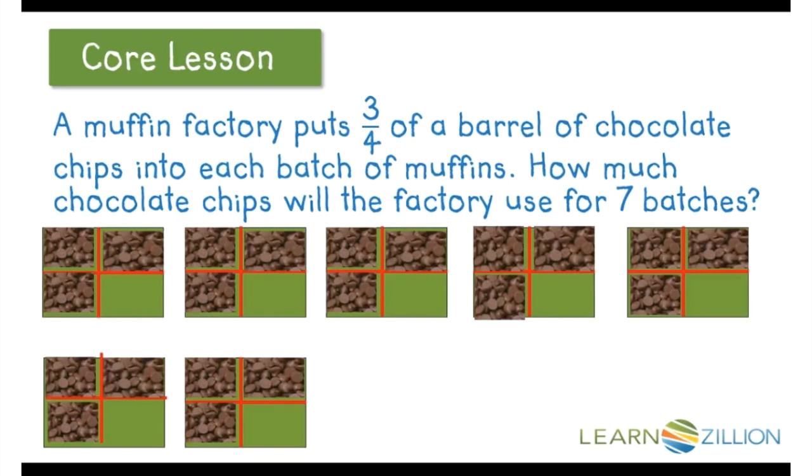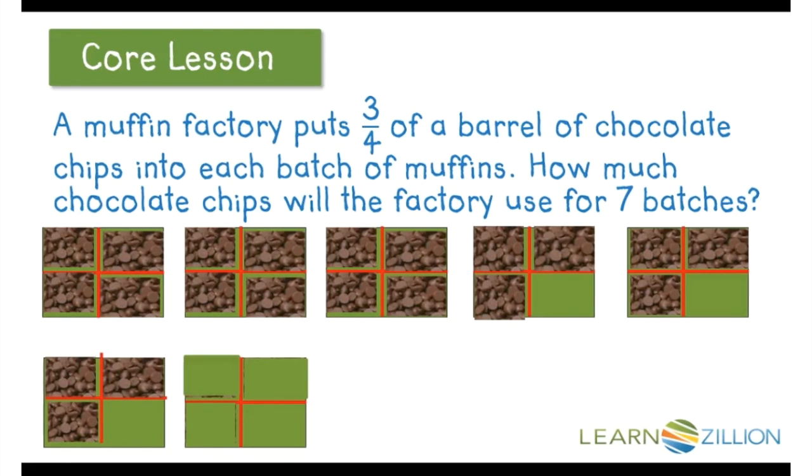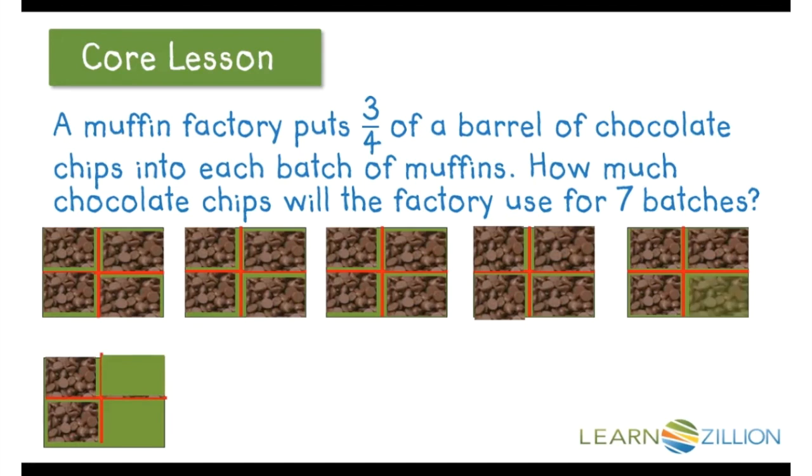Looking at this model, we see that we have 21/4 if we add the numerators and keep the denominator the same. If we move each 4th of chocolate chips, we can see the 21/4 is the same as 5 1/4.